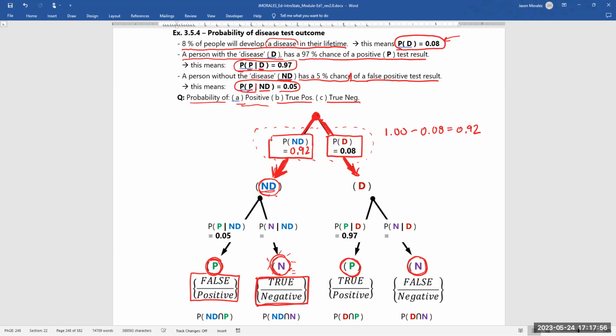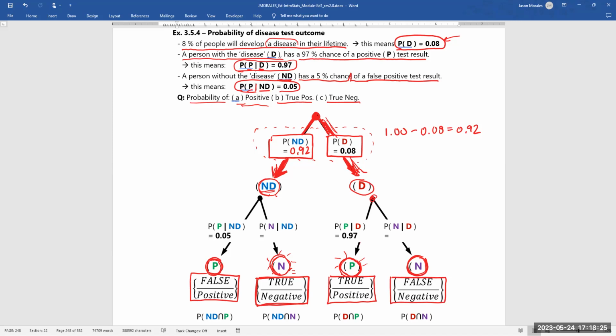Now on the right-hand side, let's say you did have the disease and you tested positive for the disease. Then that's what's called a true positive. And finally, if you have the disease and you took the test, but you tested negative for it, this is what's called a false negative.